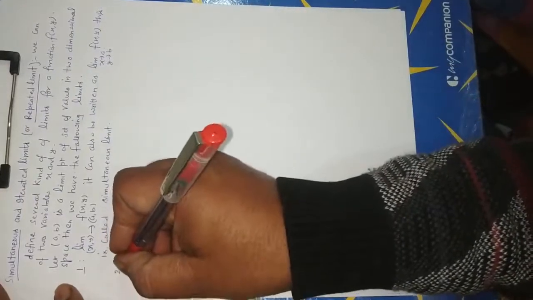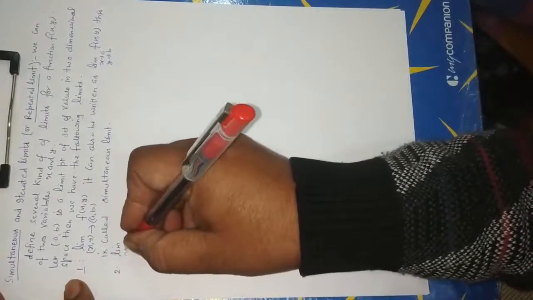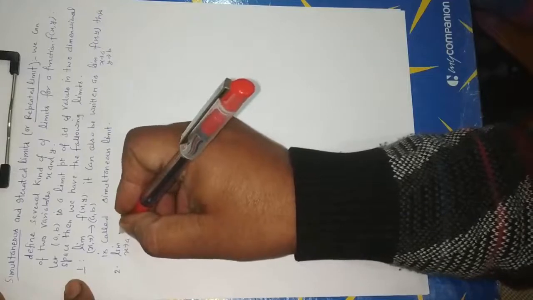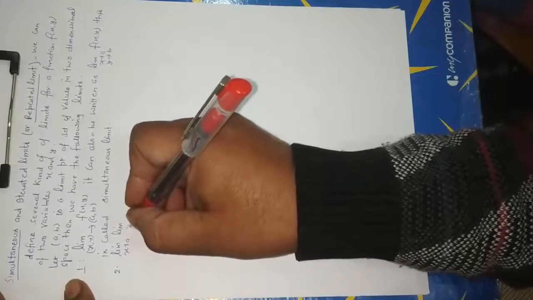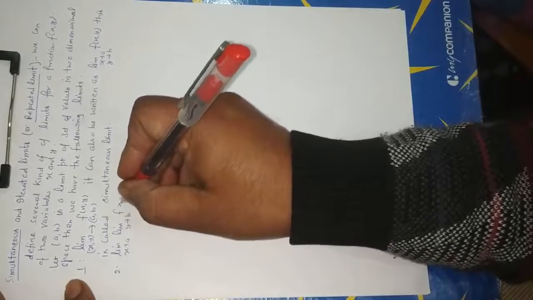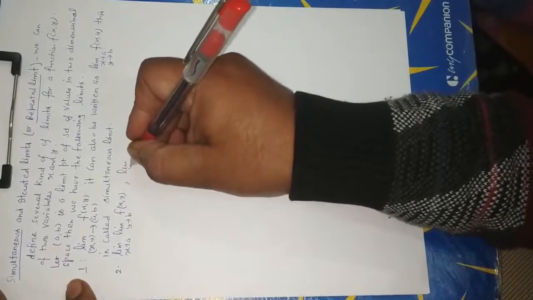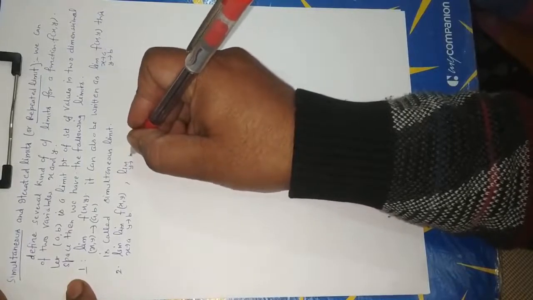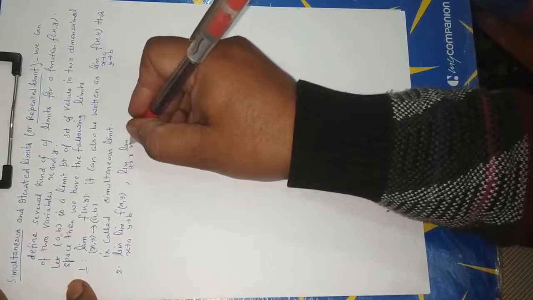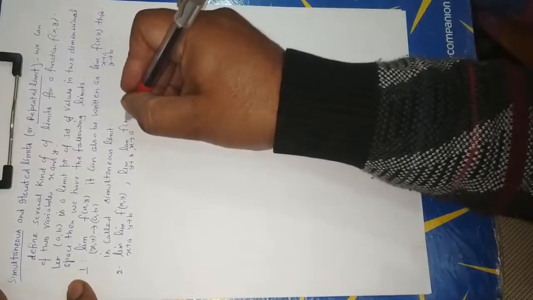Now the second kind: limit x tending to a of limit y tending to b of f(x,y), comma, limit y tending to b of limit x tending to a of f(x,y).